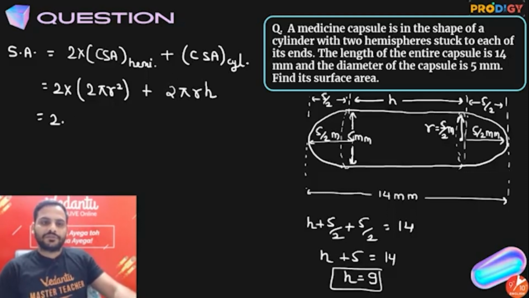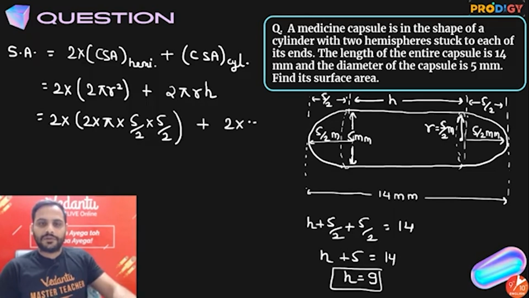So just put the values, 2 times of 2 into pi, radius is 5 by 2 whole square. So 5 by 2 into 5 by 2, and here we have plus 2 times pi into radius 5 by 2 into h which is 9. So here you can see this 2 and 2 got cancelled, this 2 and 2 got cancelled.